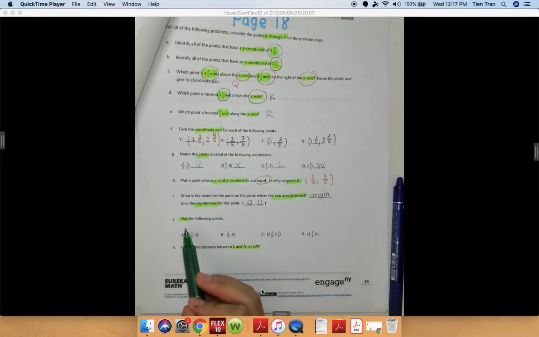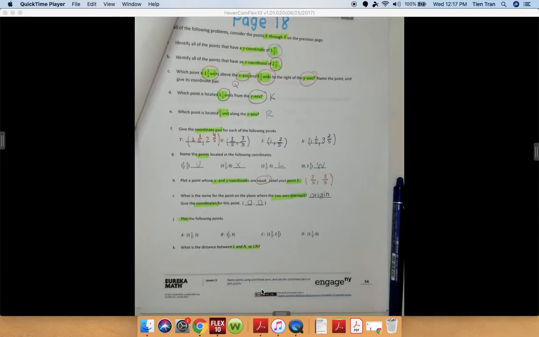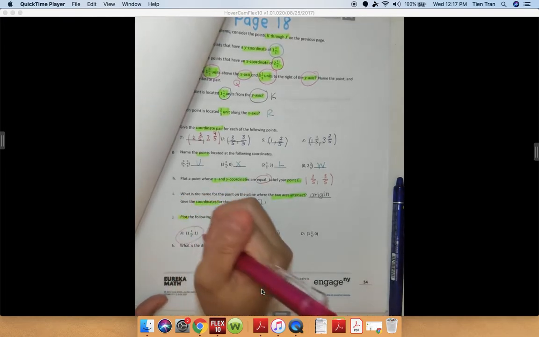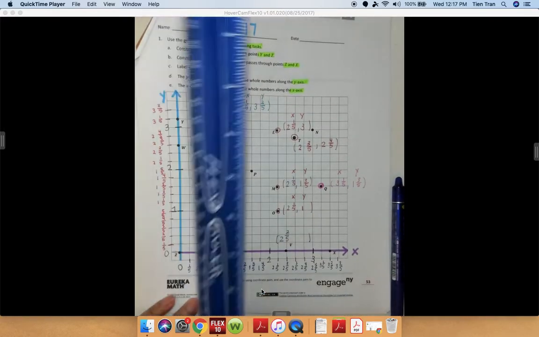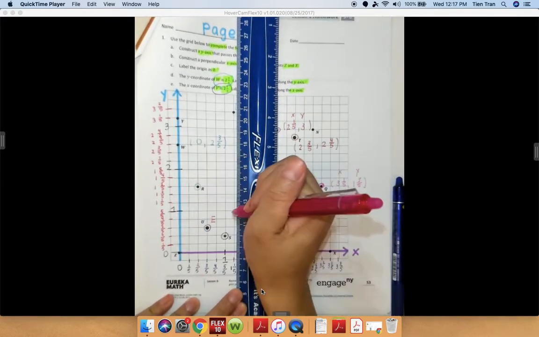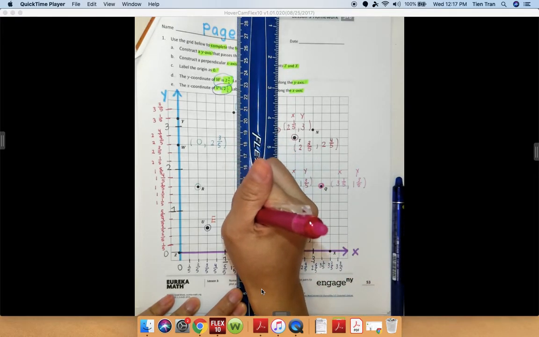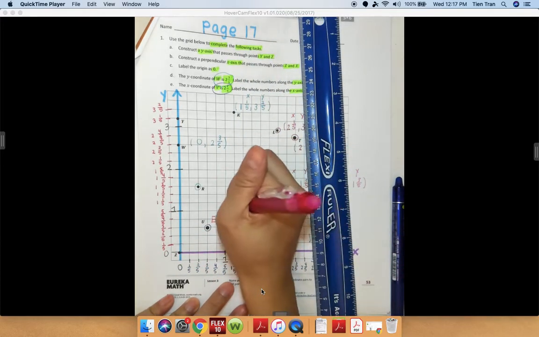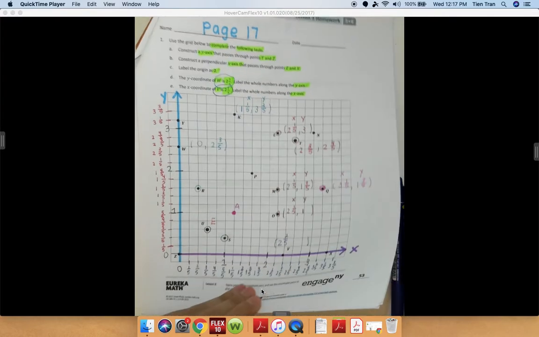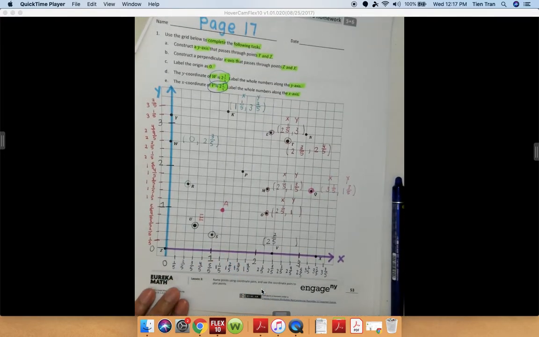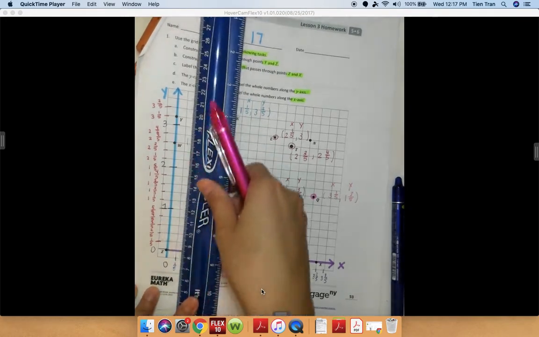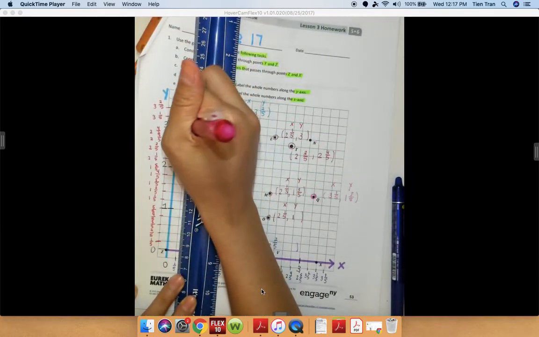Now for problem J, it asks plot the following points. We have A, B, C, and D. I'm going to plot A. A says 1 and 1/5, 1. So I'm going to move 1 and 1/5, and it is located at 1. So this one is my A coordinate. The next one, for B, it says 1/5 and 3. So 1/5 is right here, and 3 is all the way up here.